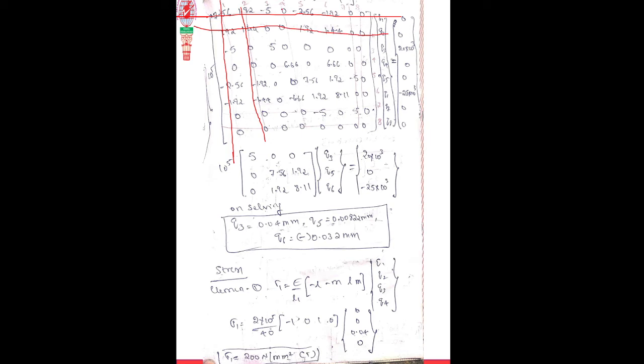Next, fourth row, fourth column. Next, what are the zeros? 7 and 8: seventh row, seventh column, eighth row, eighth column. All of this becomes 0.